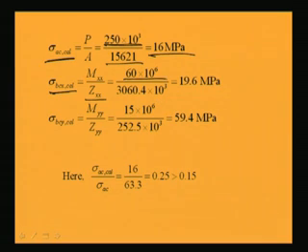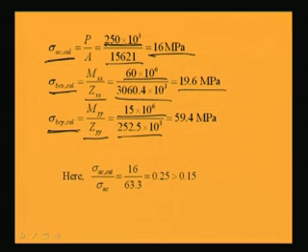MXX is 60 kilonewton meter and ZXX is 3060.4 centimeter cube. If we calculate those values, we will get 19.6 MPa. Similarly, sigma BCY calculated will be MYY by ZYY. MYY is given as 15 kilonewton meter and ZYY is given as 252.5 centimeter cube. So we are getting 59.4 MPa.